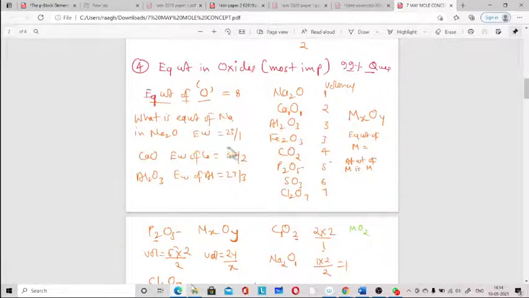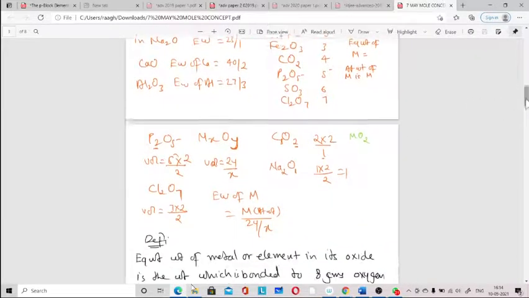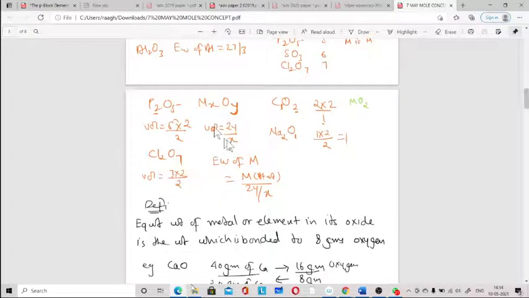So for the equivalent weight of sodium, sodium has valency 1, calcium has valency 2, and aluminium has valency 3. So atomic weight by valency. And for MxOy, I gave you this question: what is the valency here, and the atomic weight in terms of that. We found the valency is 2y by x in case of oxides. For example, phosphorus has valency 5 here, so 5 into 2 divided by 2.